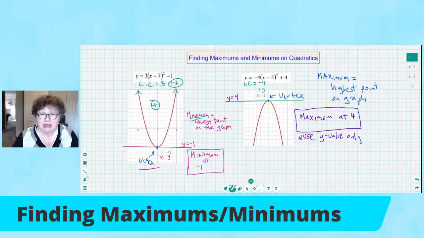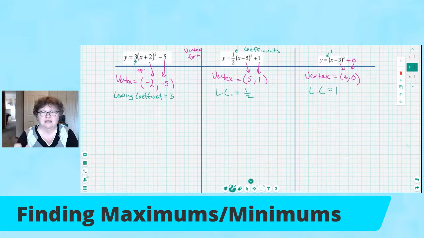And when I do that, that's very negative. To be frowning is negative. And because it's negative and it opens down, the vertex is going to have a maximum. So you don't even care what that leading coefficient number is. All you care about is the sign. So let's go to our new problems. I know that's goofy, but it always helps me remember it.